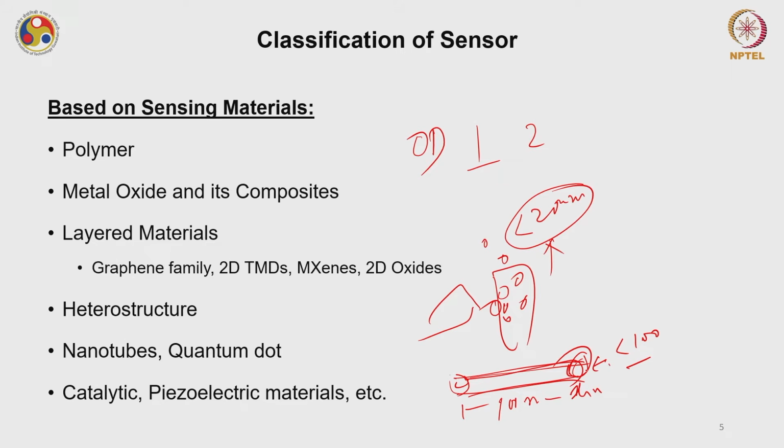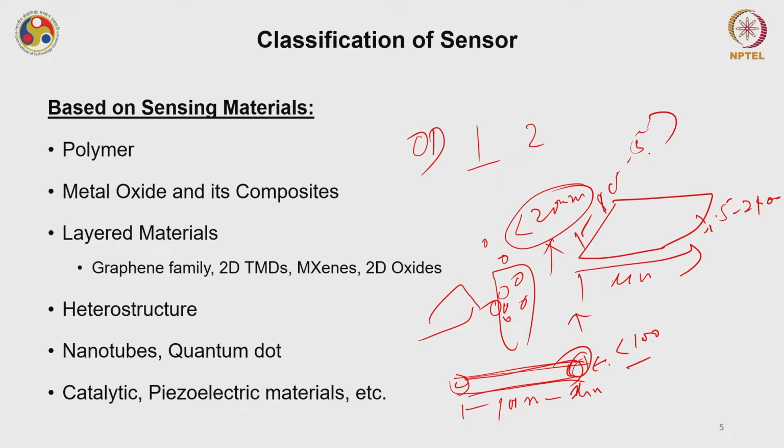Similarly, for a 2D structure, the confinement is in only one dimension, so you have this kind of structure. The thickness can be say 0.5 to 2 to 10 nanometer, but the lateral dimensions can be some microns, and this dimension can also be say 100 nanometer to 500 nanometer or something like that.